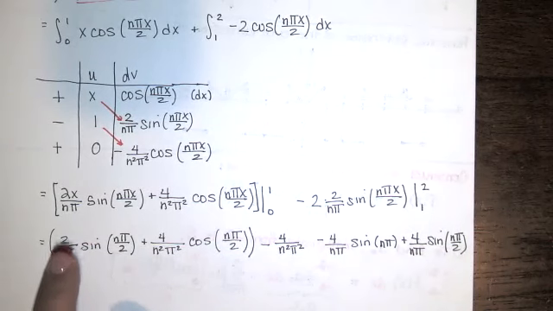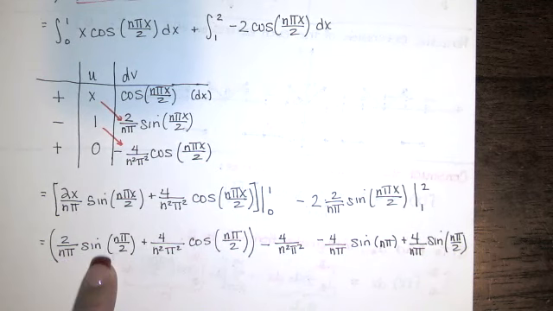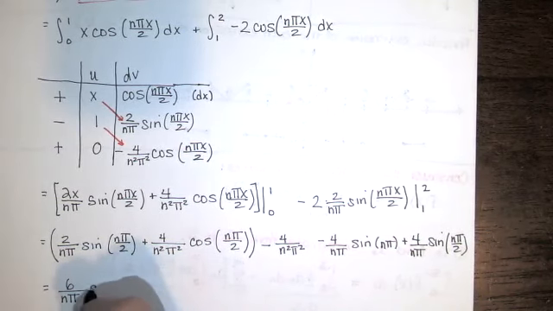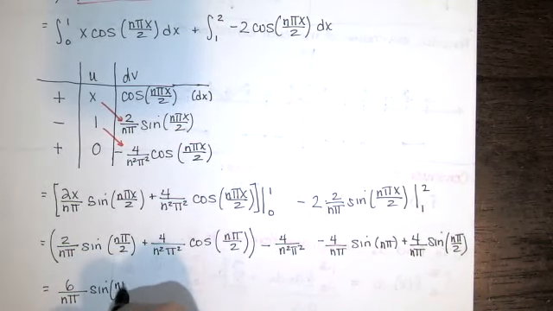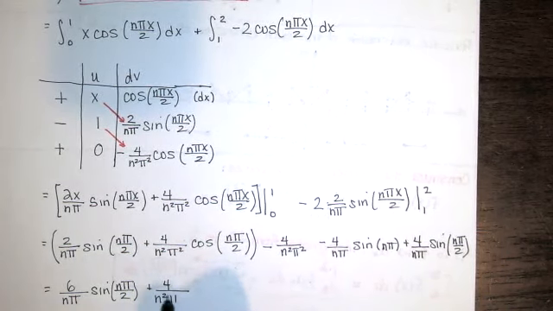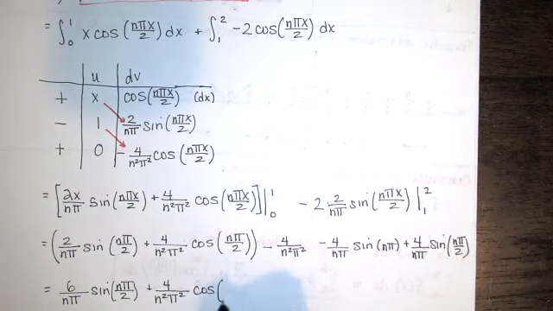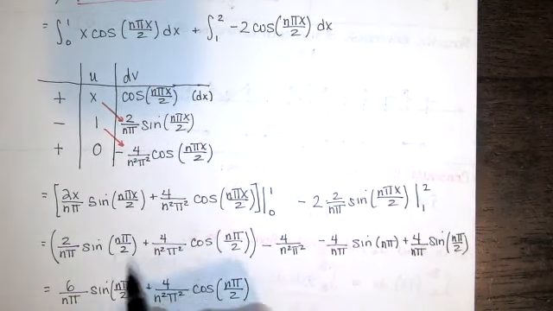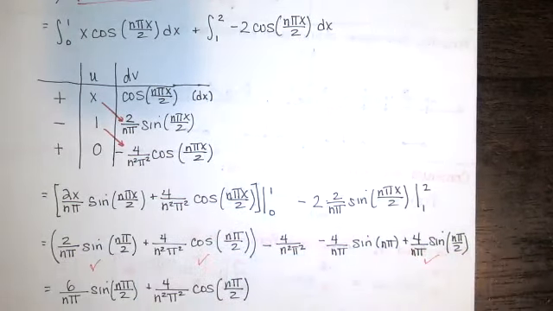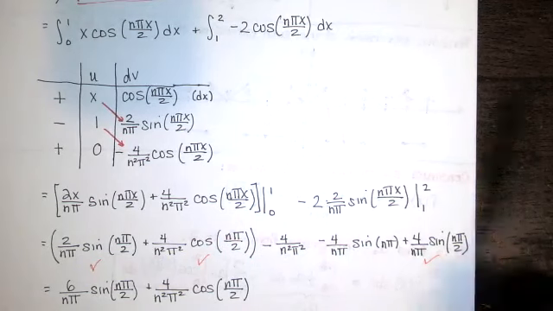I've got 2 over n pi times this sine function, and then 4 of those over here. So that means I've got a total of 6 of those. And then I've got one of these cosine functions. So I've taken care of this guy and this guy and this guy. And next we have that one.